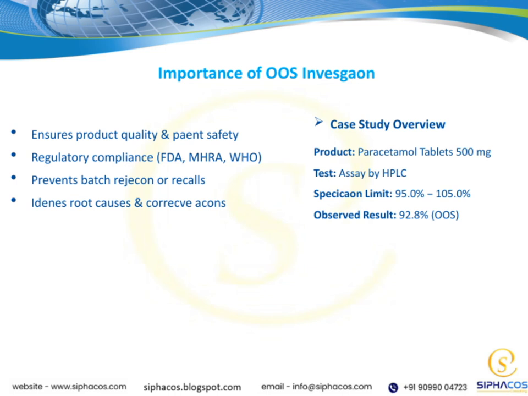Failure to do so can lead to serious consequences, including batch rejection or product recalls, which can be costly and damage a company's reputation. Finally, conducting a proper investigation helps us identify the root causes of the deviation. Whether it's a problem in the manufacturing process, raw material issues, or analytical errors, understanding the cause allows us to implement corrective actions effectively. This ensures continuous improvement and helps prevent similar issues in the future.